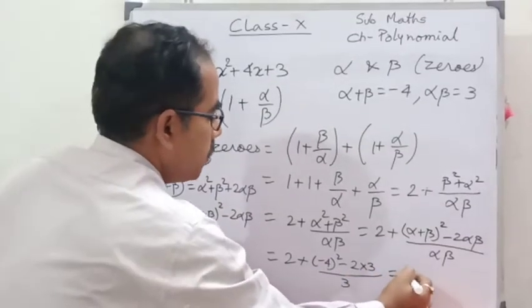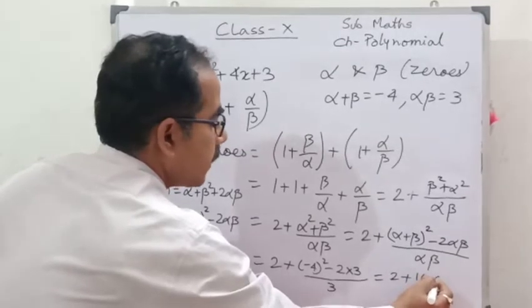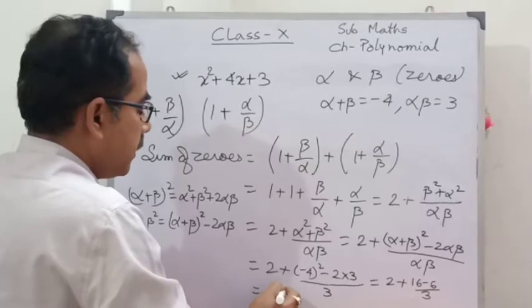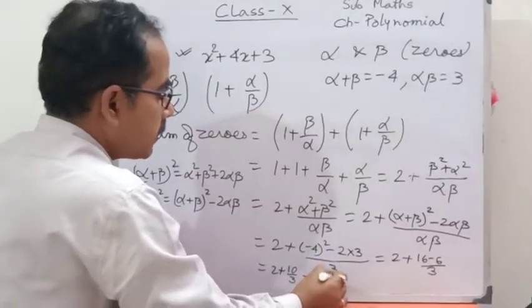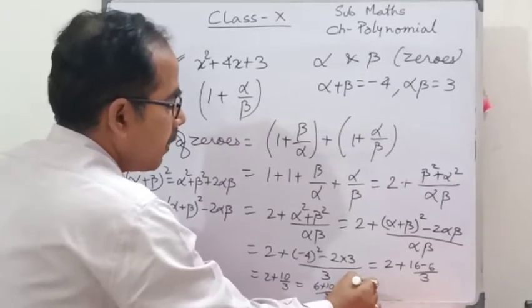That is equal to 2 plus 16 minus 6 by 3, that means 2 plus 10 by 3, that means 6 plus 10 by 3, in total 16 by 3.